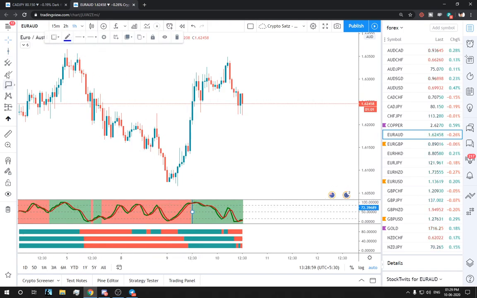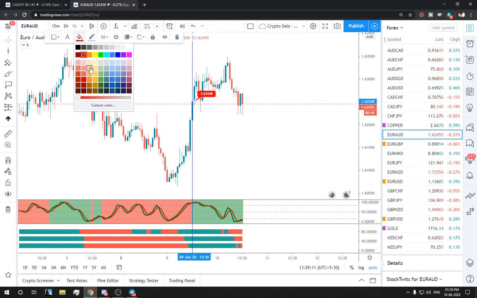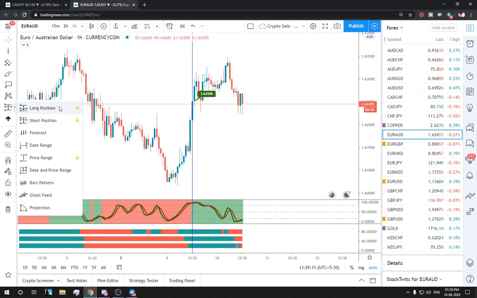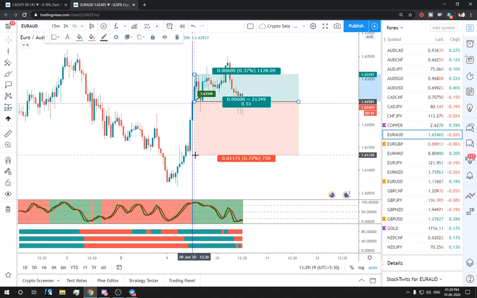Yesterday we had a long over here, all green, so that's a perfect long signal. Logging here, so I will change it to green. For the stop loss you can take either this, because it's already a very big stop loss.